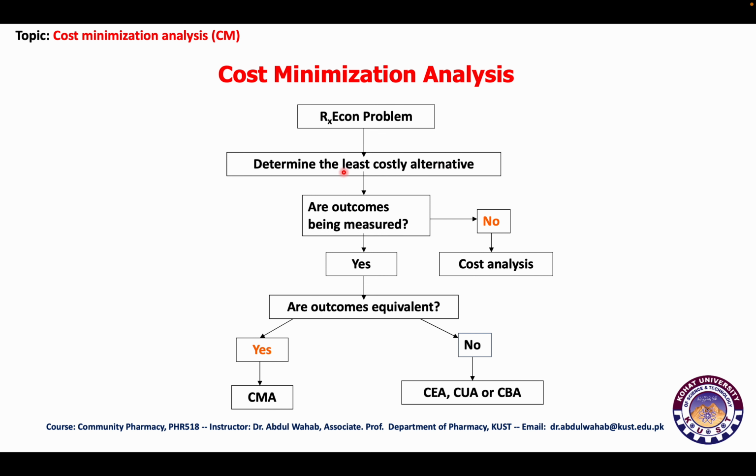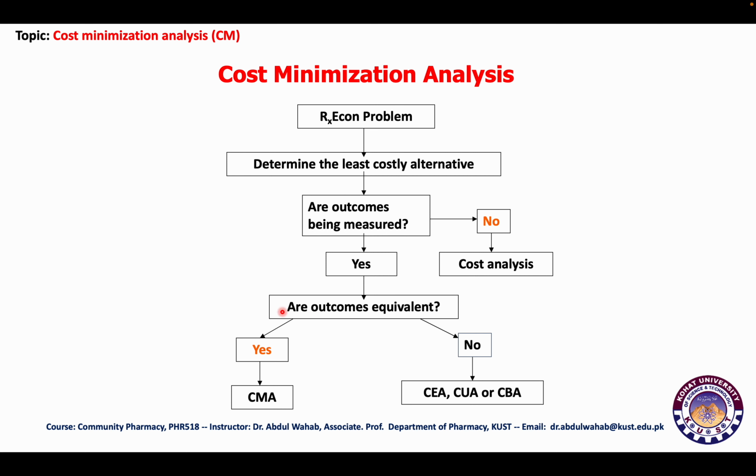After the least costly alternative selection, the next question is, are outcomes being measured? If no, it means that it is just cost analysis, not cost minimization analysis. But if yes, the second question is, are outcomes equivalent?